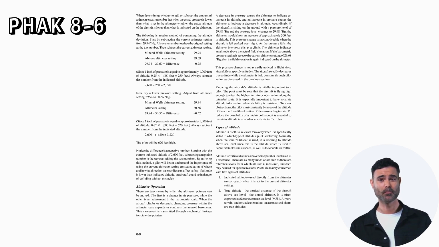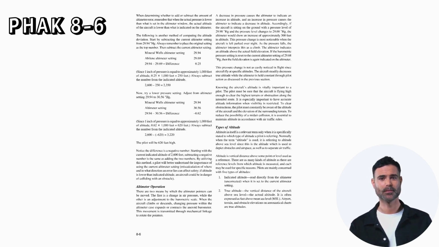It is especially important to have accurate altitude information when visibility is restricted. To clear obstructions, the pilot must constantly be aware of the altitude of the aircraft and the elevation of the surrounding terrain. To reduce the possibility of a mid-air collision, it is essential to maintain altitude in accordance with air traffic rules.